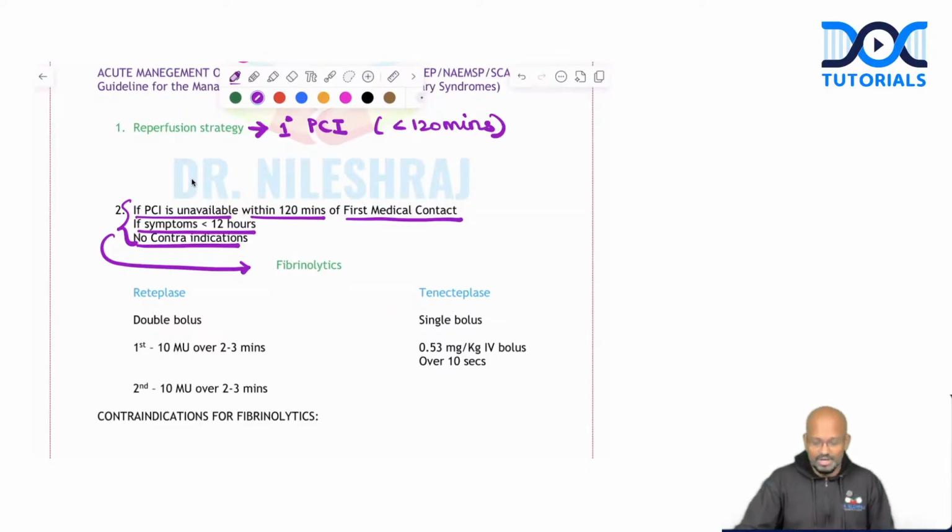What are these fibrinolytic agents? These are the drugs which tend to break down the clot, guys. If a clot is formed, usually we can put a catheter there, remove that clot, and keep a stent over there, which we call drug-eluting stents. Usually we administer sirolimus, everolimus, lots of drugs are there.